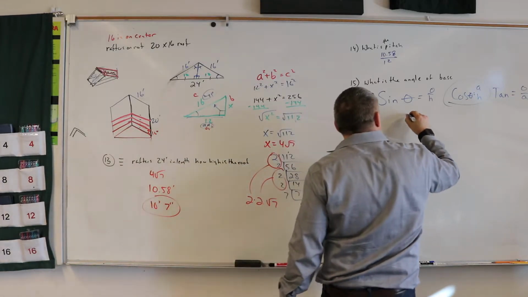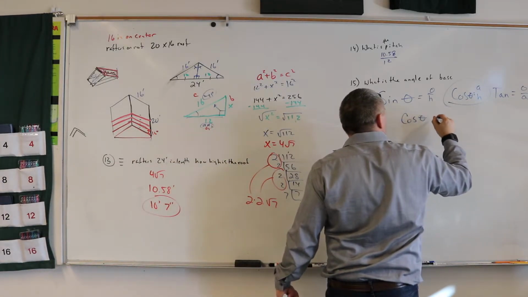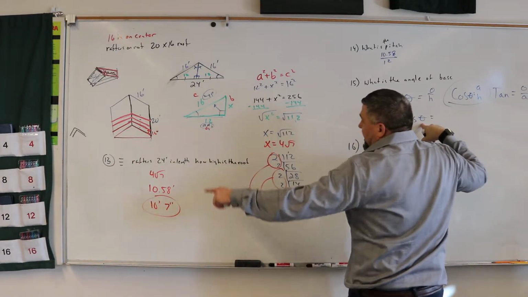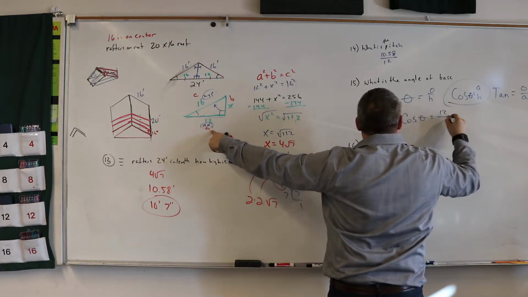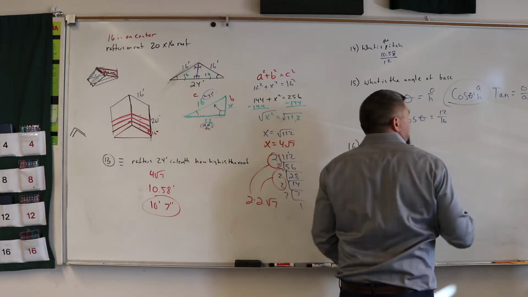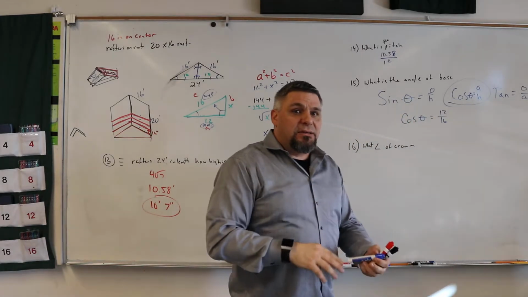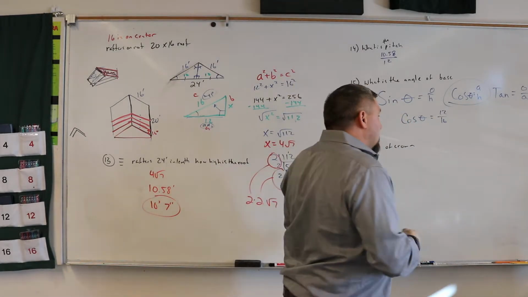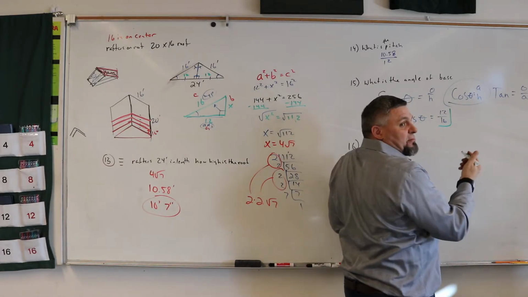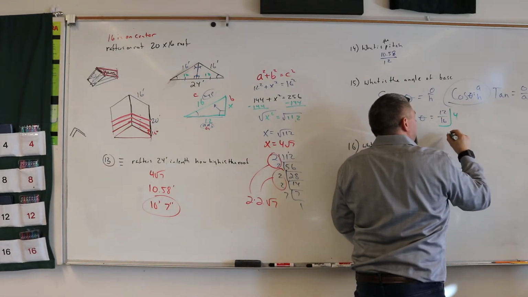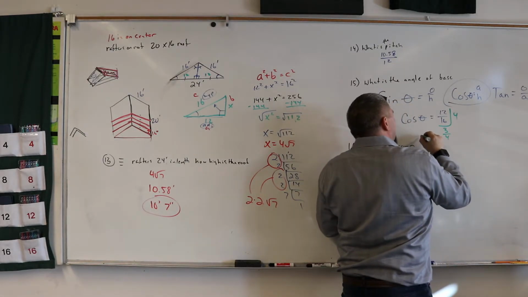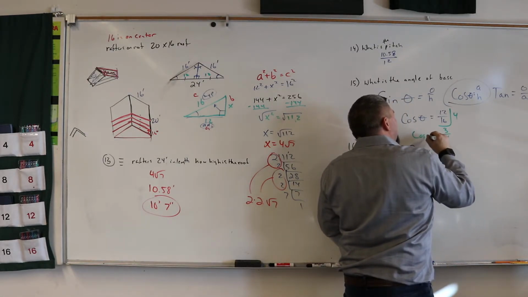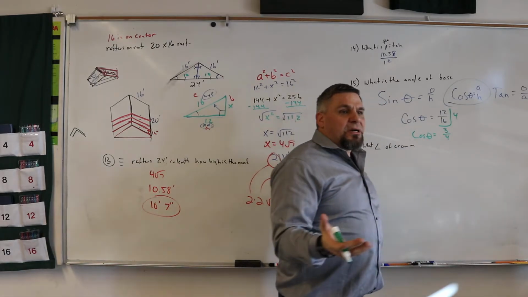So the cosine of theta, or the angle, is equal to the adjacent, which is 12, over the hypotenuse, which is 16. Now we could break that down. 4 goes into both of those. So the cosine of theta is equal to 3/4.